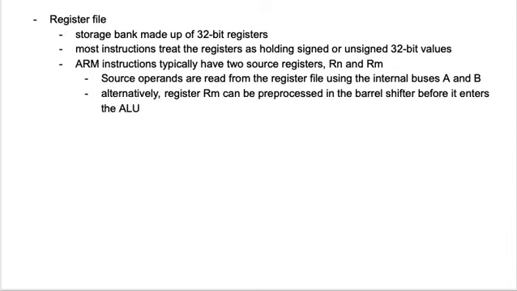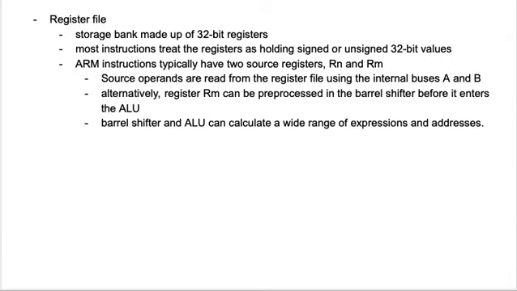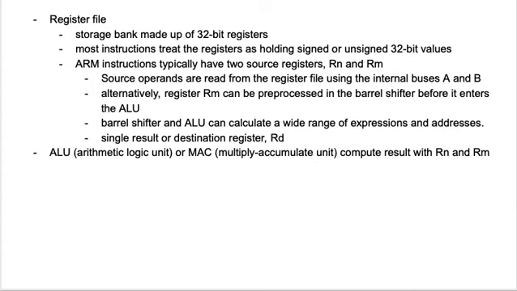The source operands are read from the register file, and buses A and B are used to read the data. Rm can be processed in the barrel shifter before it enters the arithmetic logic unit. The barrel shifter and ALU can calculate a wide range of expressions and addresses.